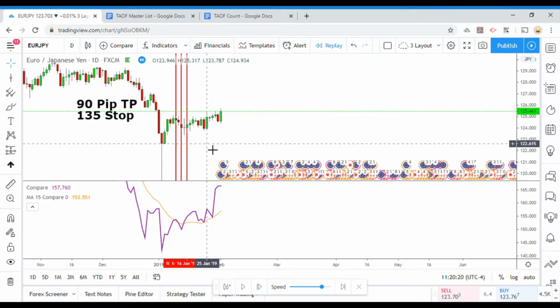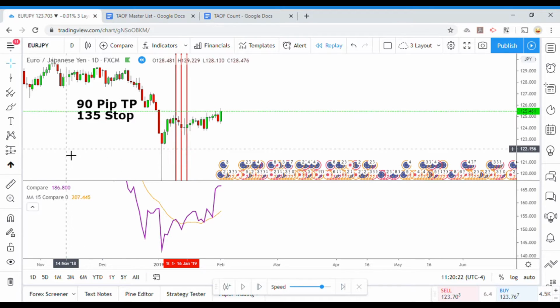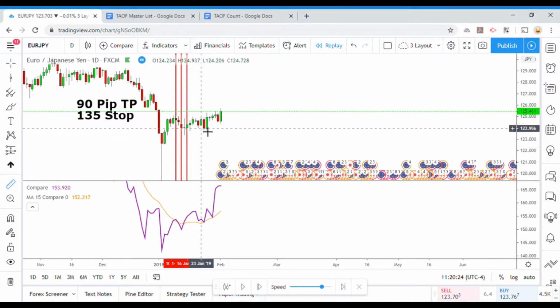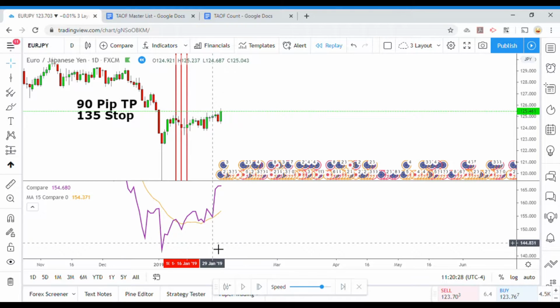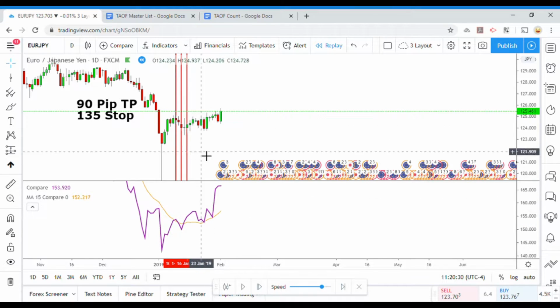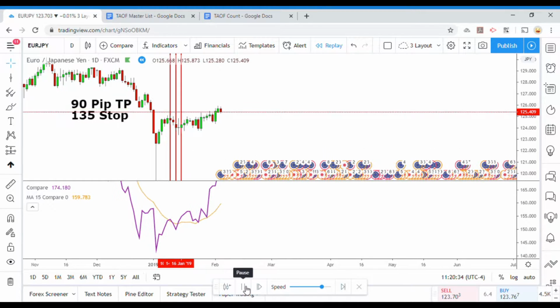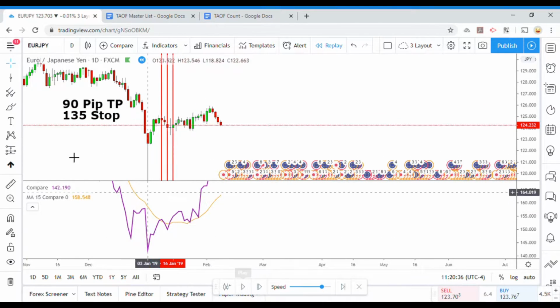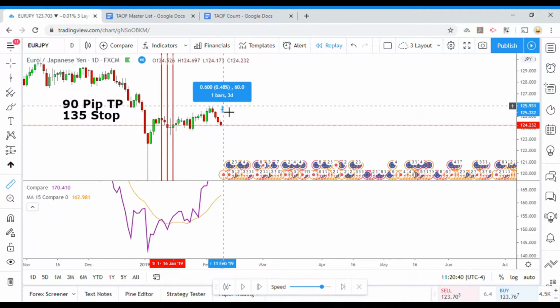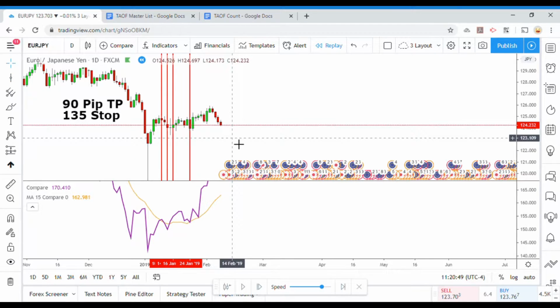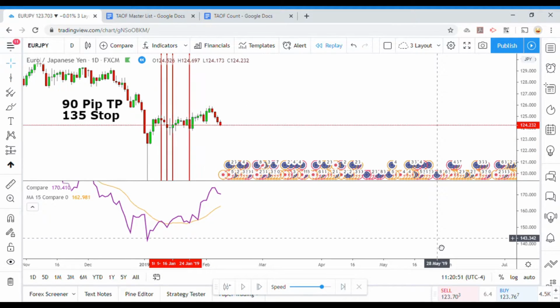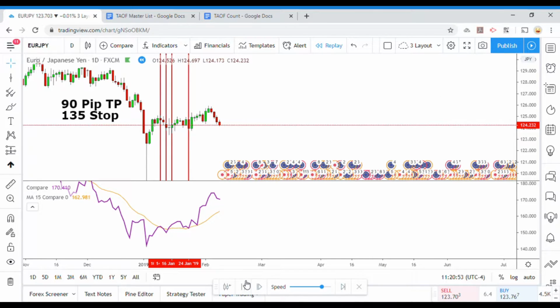Would have jumped up again right here above. And looks like that's not quite across there. It looks like it just barely touched it. So let's play it out a little bit and see where this goes. There would not have been a win, and so that would have been another loss.